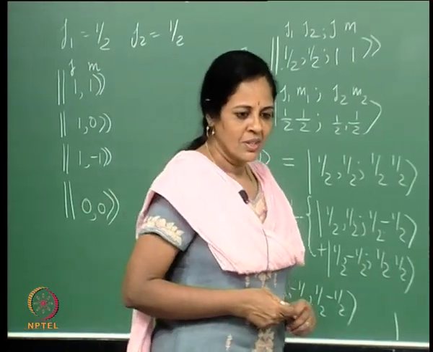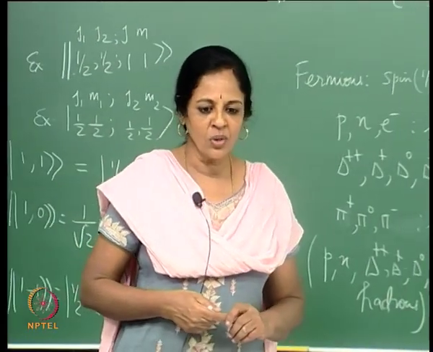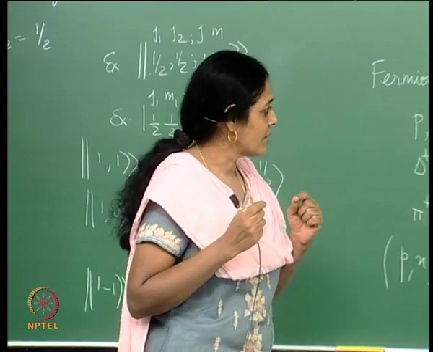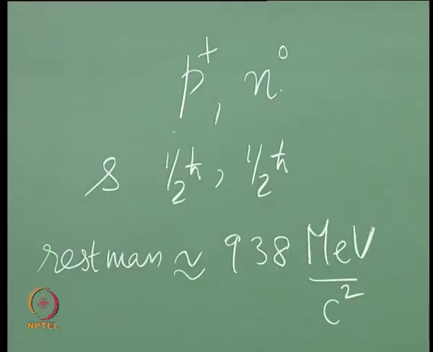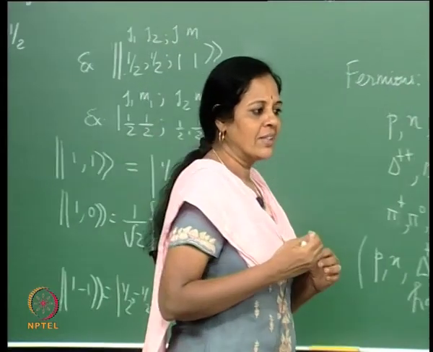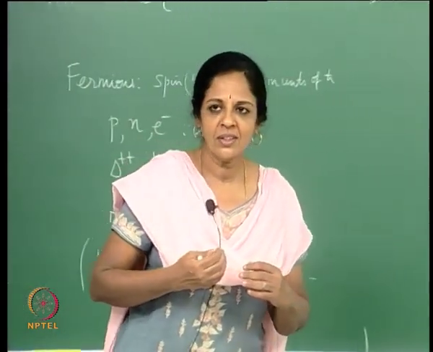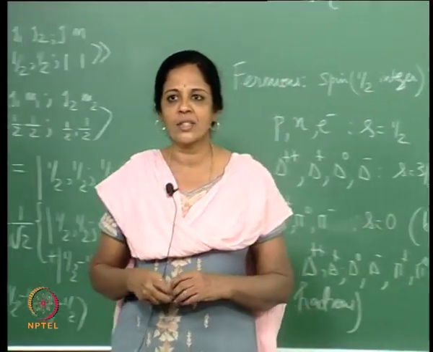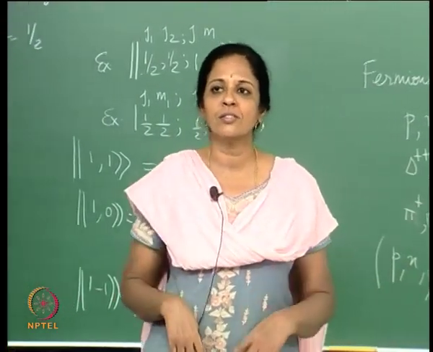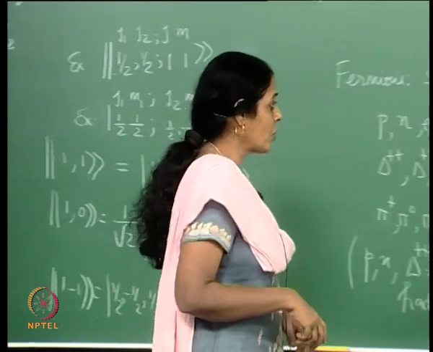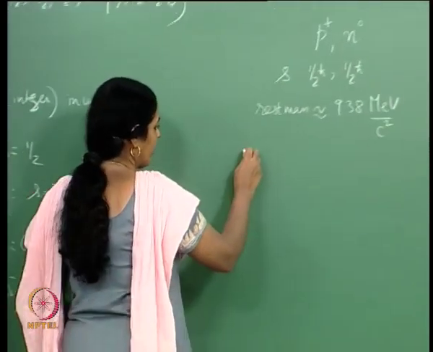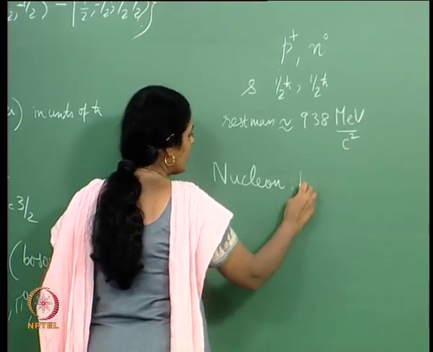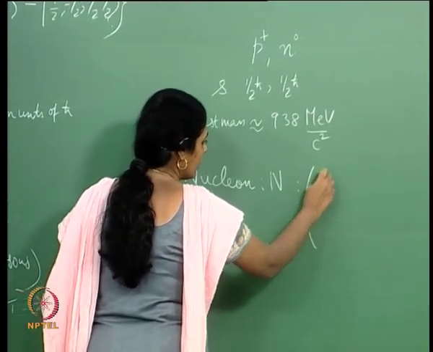I could, but now it is known that this small difference in the rest mass of the two particles really arises from the fact that the protons can interact electromagnetically and the neutrons cannot. Therefore, if I switch off the electromagnetic field, I do not see the difference between the proton and the neutron. I could think of them as two states of a single object called the nucleon.